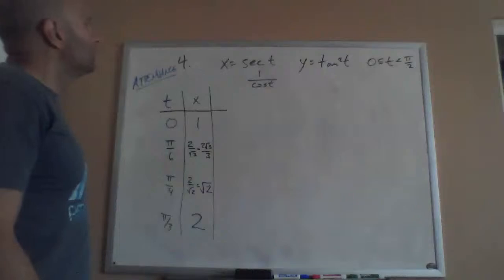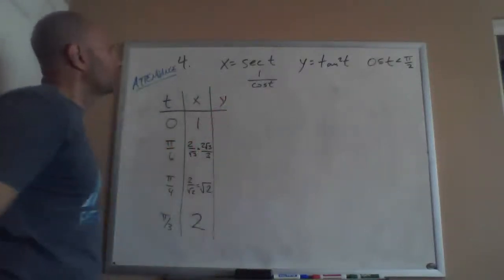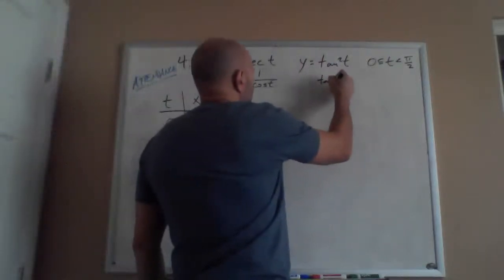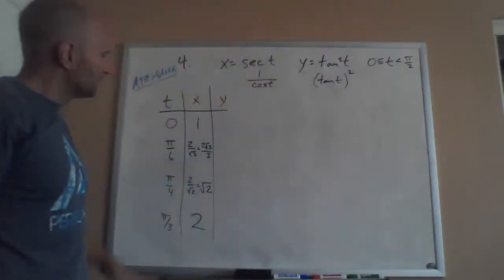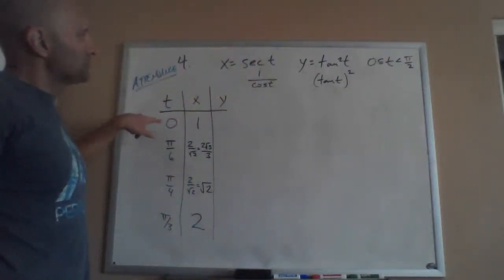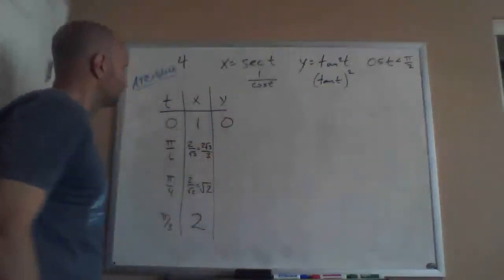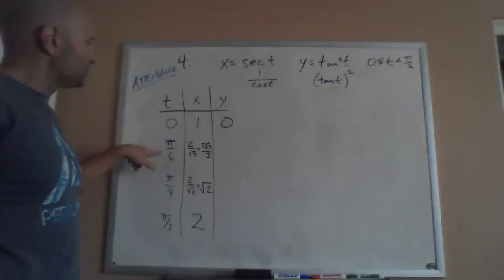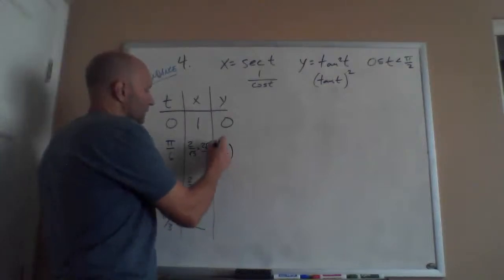All right. So for tangent, so for y, we're doing tangent squared, which, remember, just means take tangent of t and then square the value. So tangent of 0 is 0. 0 squared is 0. Tangent of pi over 6 is square root of 3 over 3.